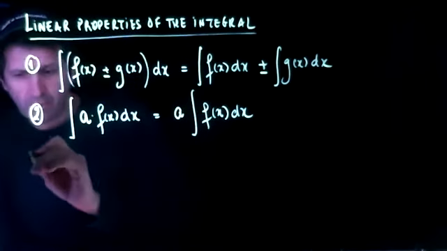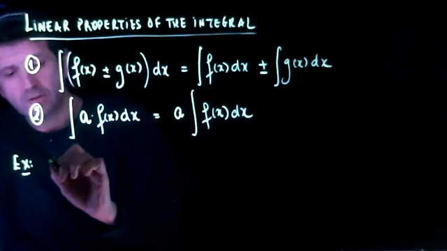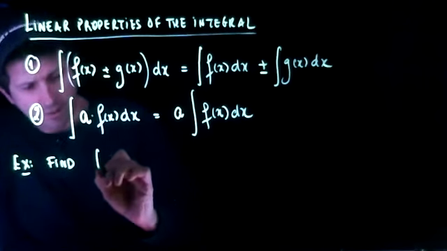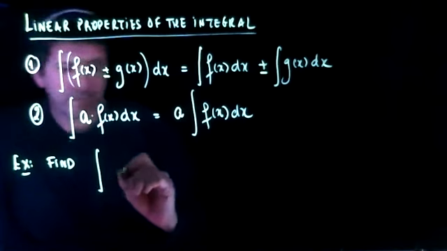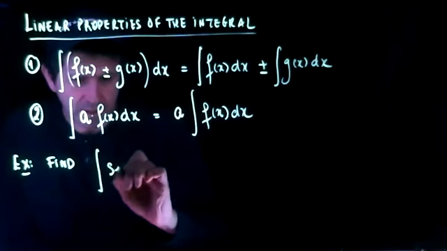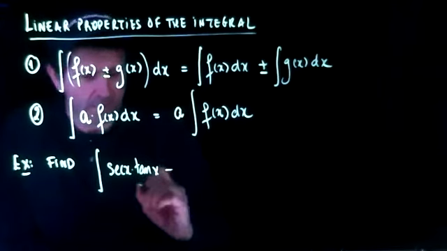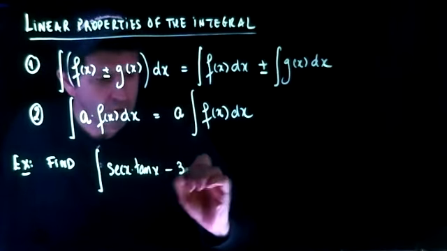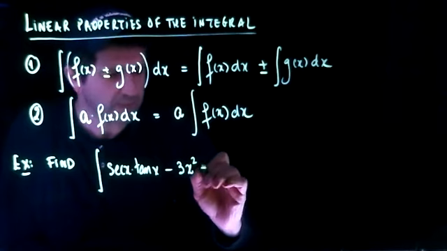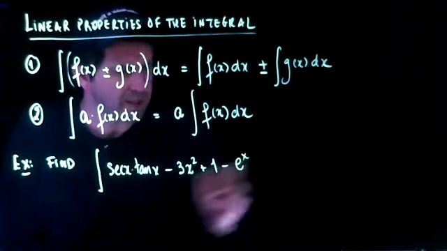Okay, example. Find the antiderivative of secant x tangent x minus 3x squared plus 1 minus e power x.